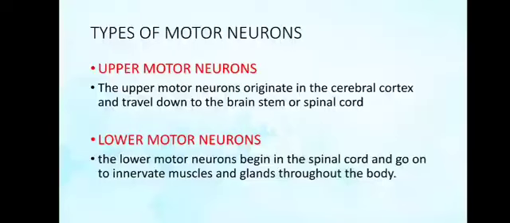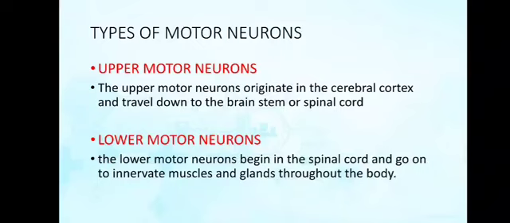Now, coming to the types of motor neuron, there are two types: upper motor neurons and lower motor neurons. The upper motor neurons originate in the cerebral cortex and travel down to the brain stem or spinal cord. So, the pyramidal tracts are the upper motor neurons.